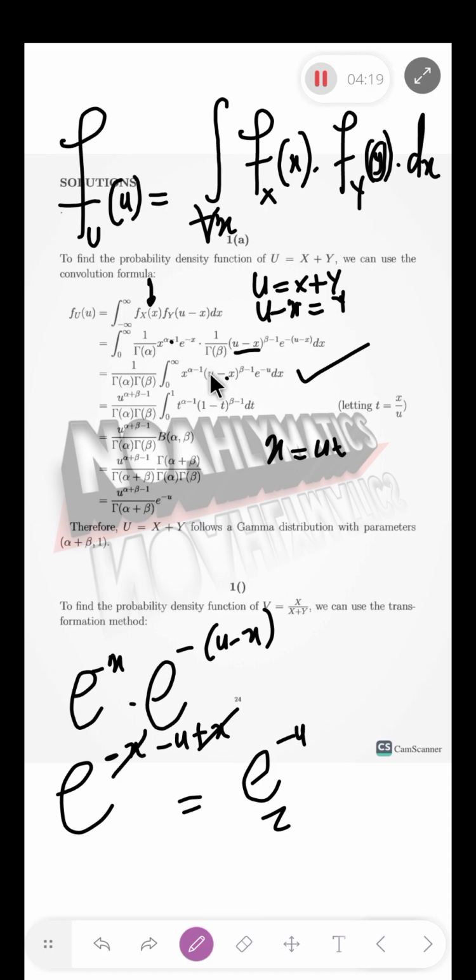When you look at this clearly now, you have U minus X, U minus X. If I let this x represent ut, I will be able to have something similar to the beta definition, which is of the form 1 minus t raised to some power. So in this case, if you make x represent ut, this 1 minus t will come out. Do you understand that? And then you'll be left with u raised to the power of beta minus 1, right?